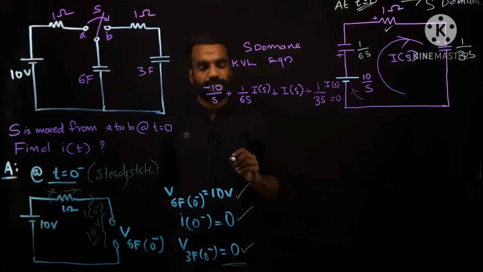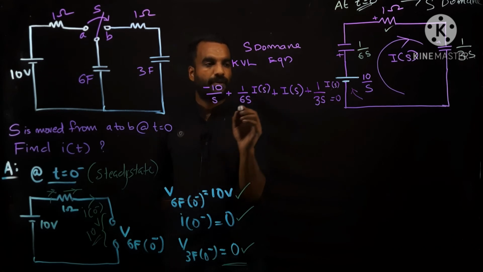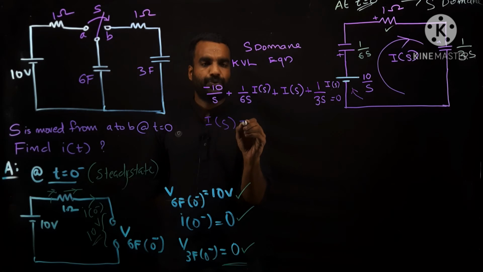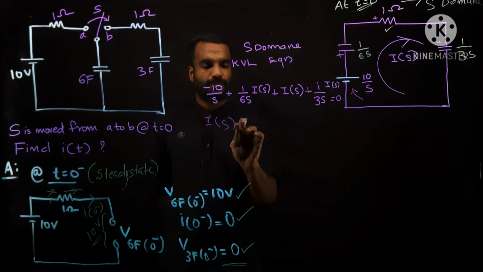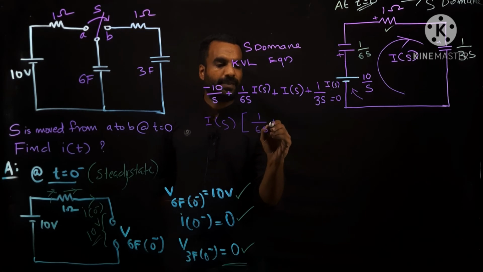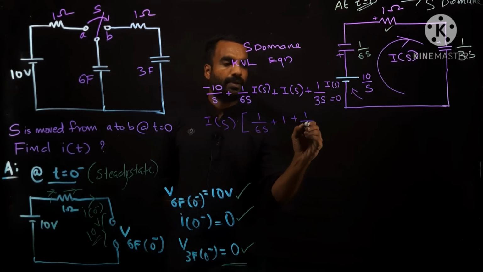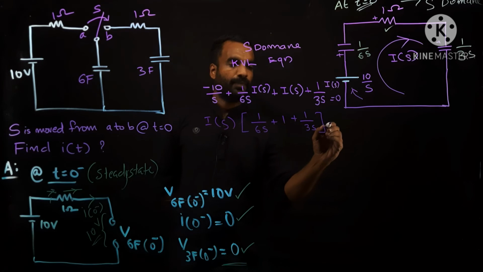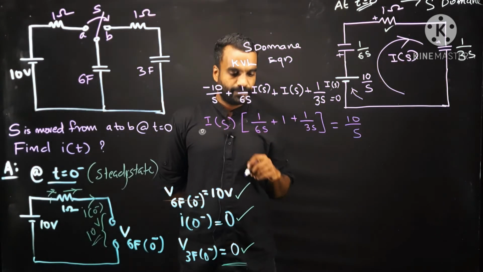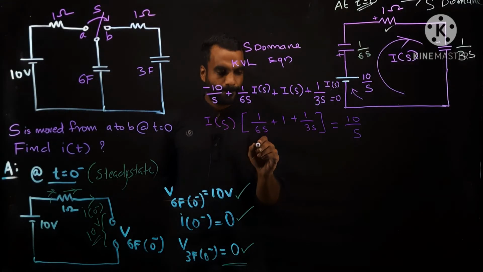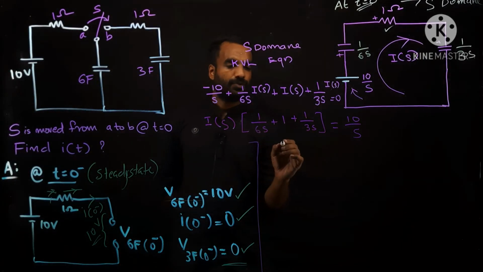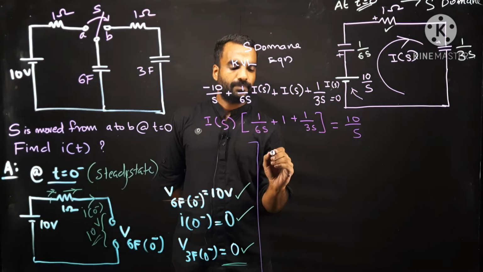Okay. Now please rearrange. I of s into 1 by 6s plus 1 plus 1 by 3s is equal to 10 by s. Okay, so let me find the LCM.